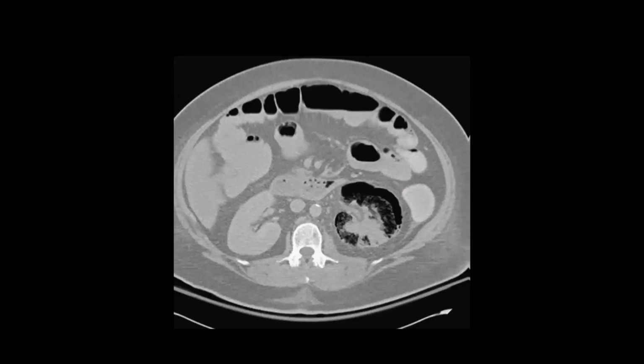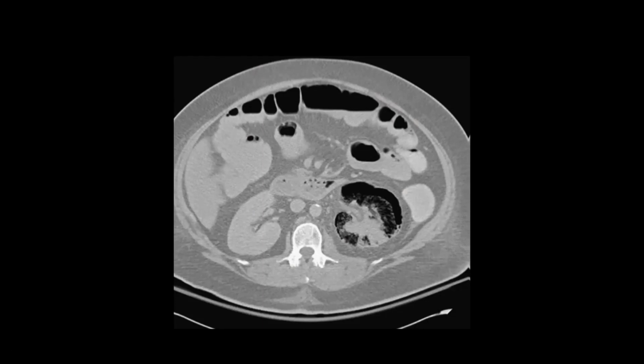This is another patient who is diabetic with severe signs of urinary tract infection. You can see the right kidney here shows normal density, while on the left side you can see gas density within the renal parenchyma and the urinary collecting system extending to the perinephric space. This is a classic case of emphysematous pyelonephritis.